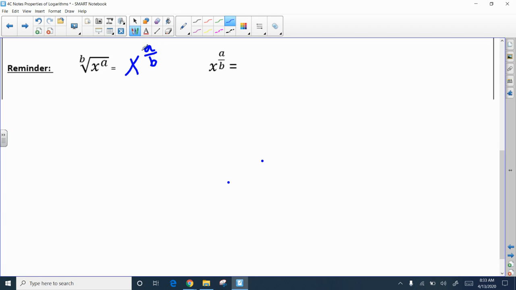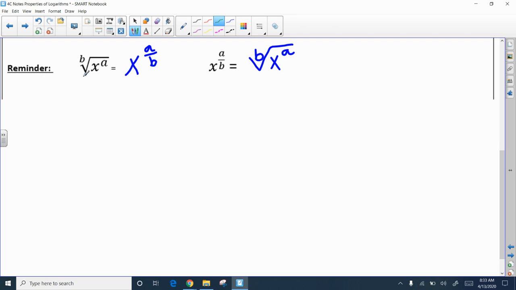So the power, the a, stays the same in the numerator. The type of root becomes the denominator. And then the same thing works in reverse here. If we have x to the a over b power, that can be rewritten as a b root of x to the a power. Okay, a few examples.